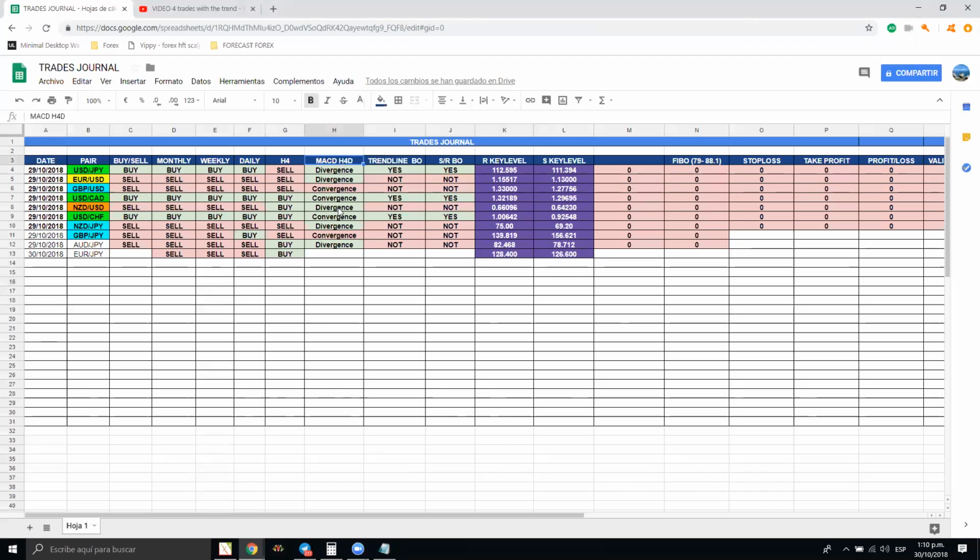The MACD in this case will help us to take a better decision. So after adding the MACD, we are going to look for sells on this pair. This pair is for sell, not buy. This is a good example, and it will make a good entry for this week for sure.